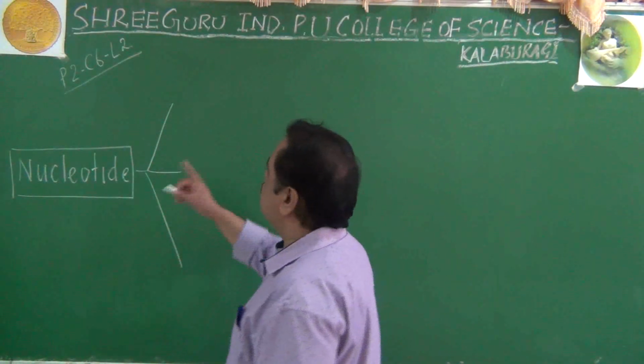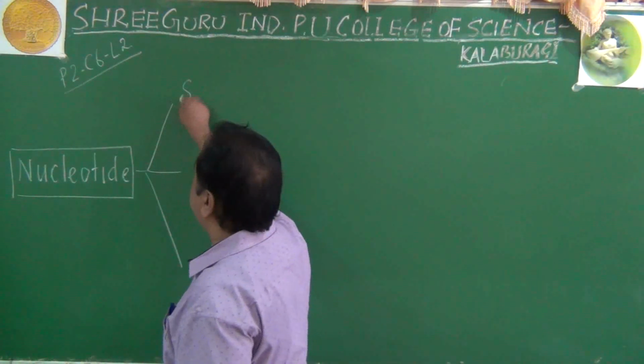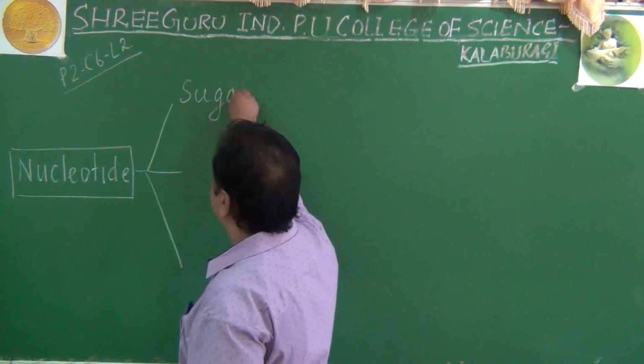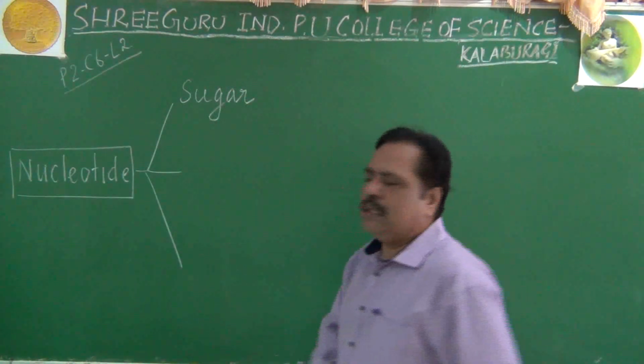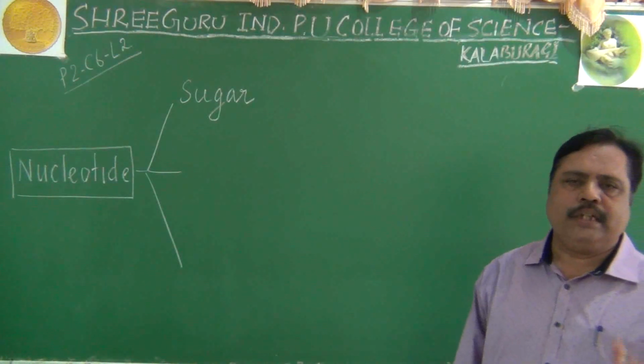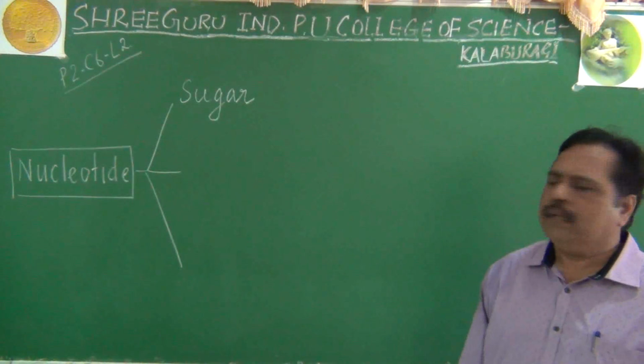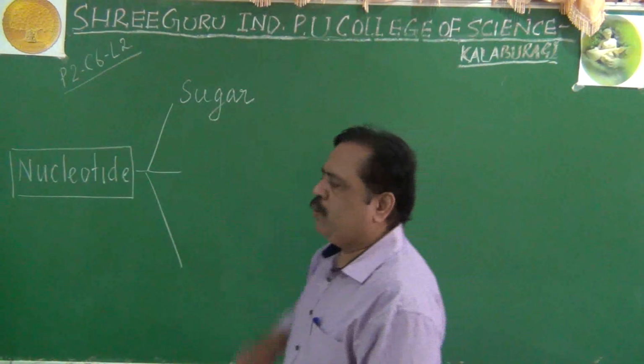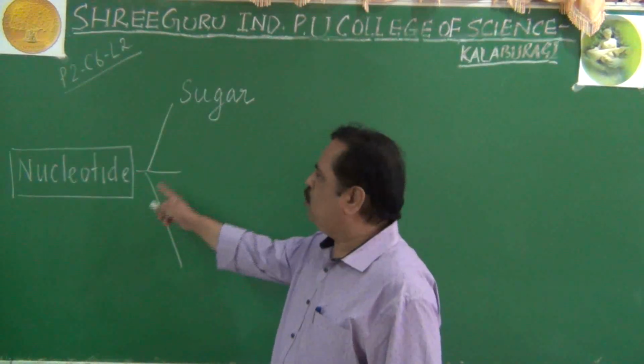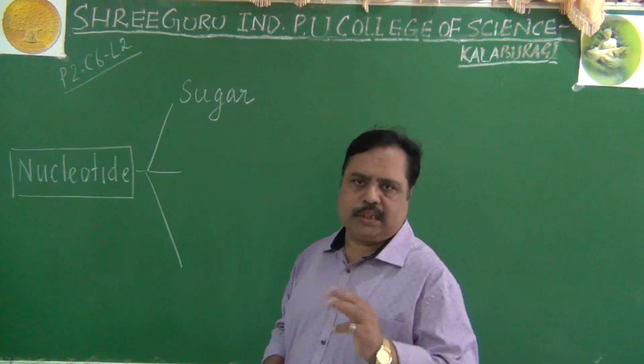In the previous lecture, I was telling you about the sugar molecule present in the nucleic acids. Whether it is DNA or RNA, they are made up of their own nucleotides. Each nucleotide will have 3 parts in it.